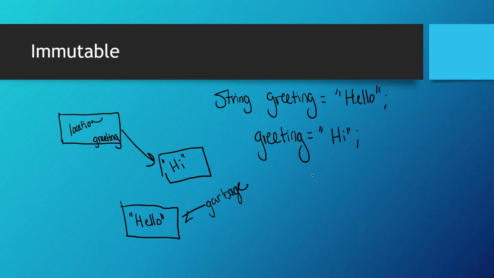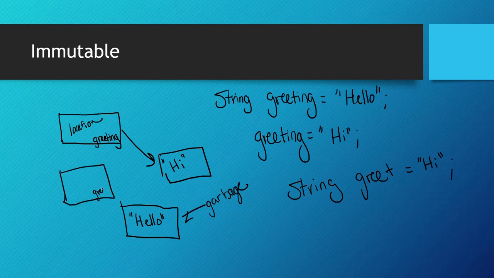Now, what could also happen is let's say I make another string called greet, and I also assign that to be hi. So in memory, another reference variable named greet will be created, store the location, and also point to the same exact object as greeting.